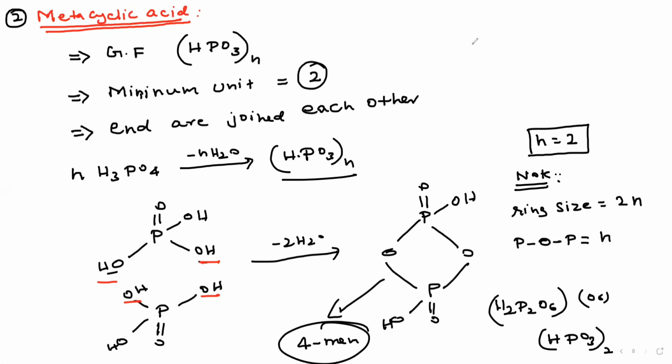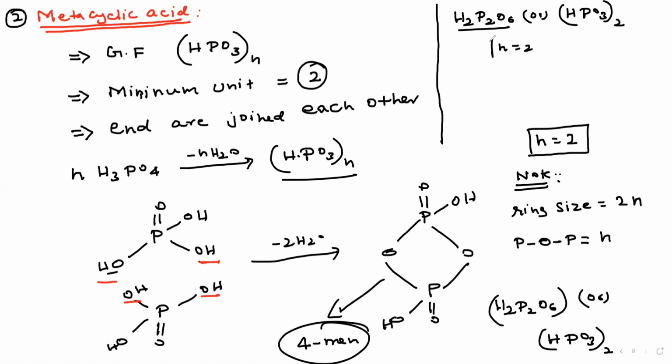Therefore, in this molecule, I take a simple example: H2P2O6. I can draw this like (HPO3) twice. This n is equal to 2 now. In this molecule, what is the ring size? 2n, right?